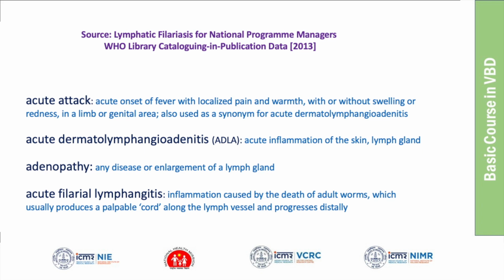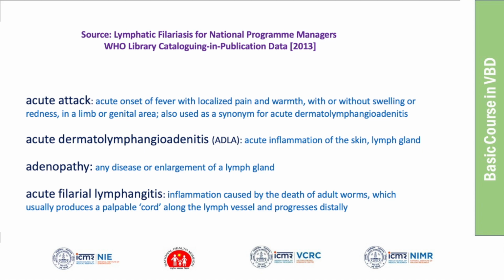Just I shall make a passing remark about these things. The one is about the acute attack. Acute always has the onset of fever. Whenever the worms are challenged, when there is an edema, then there will be an onset of fever that is called acute attack.